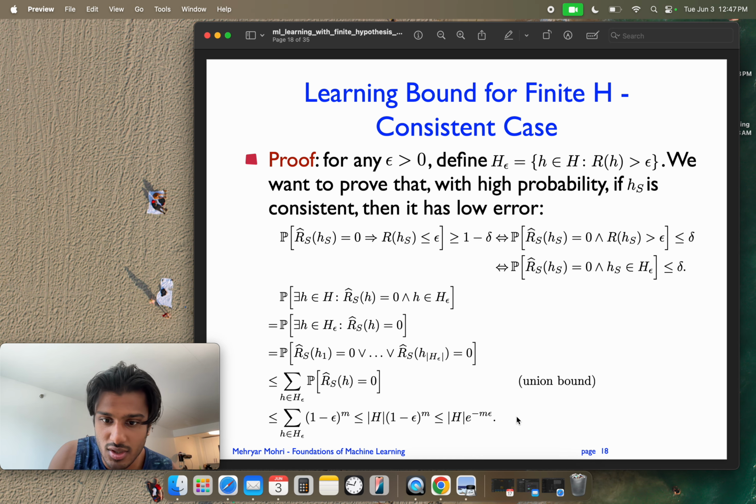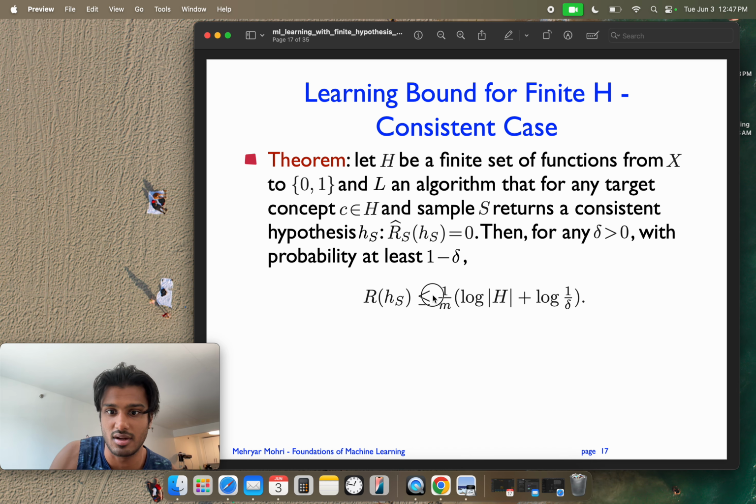Because I set this equal to delta, I take the e to the minus m epsilon to the other side, and I bring the delta down. So this becomes the cardinality of h divided by delta, and I take the log, which becomes log of the cardinality of h plus log of 1 over delta, and then I divide by the m from the right hand side, so it becomes this particular quantity.